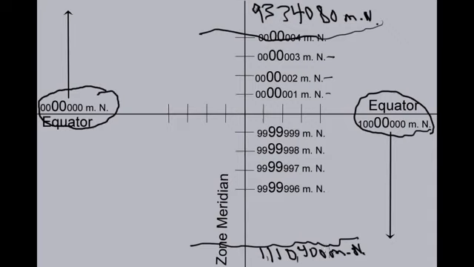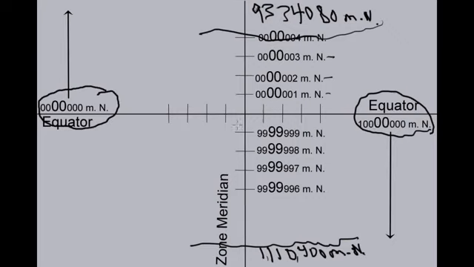Now, an interesting feature of the northings is that no matter whether you're in the southern hemisphere or the northern hemisphere, your northing values always increase as you go north. So even way down here at 80 degrees south latitude, your northings are going to increase all the way from a little over 1 million meters north up to 10 million meters north at the equator.